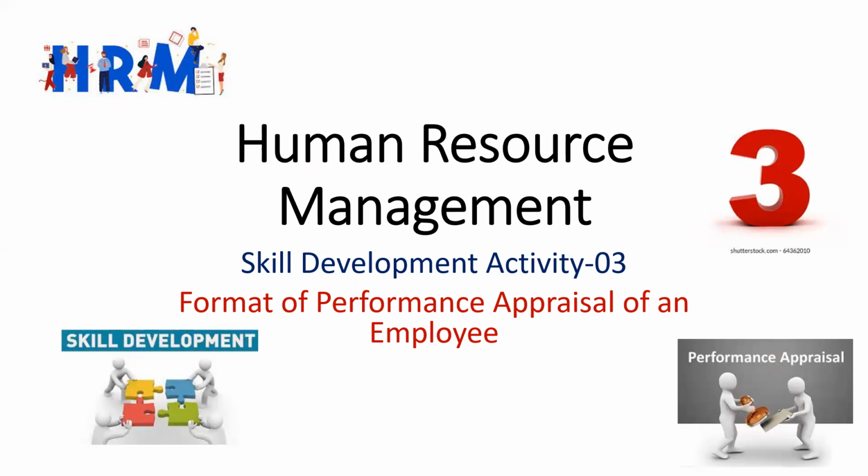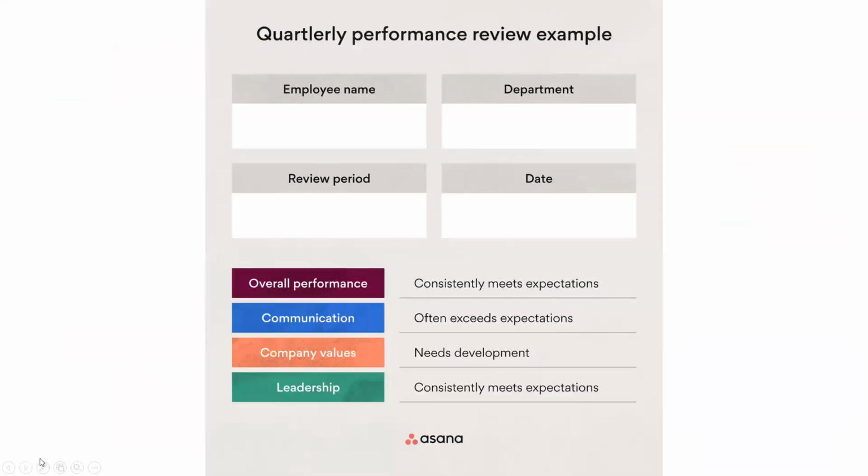So be it any type of format, there are certain standard information to be provided. To begin with, this is one of the simple format which is used to review the performance of employees every 3 months, that is quarterly. Employee name has to be mentioned, department or division has to be stated, the review period, date, and there are certain parameters where the performance is being reviewed.